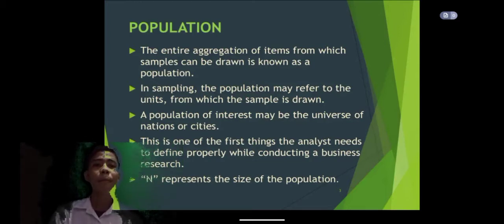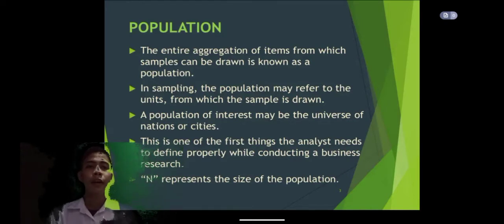The population must be properly defined so that there is no ambiguity as to whether a given unit belongs to the population. For example, in a survey of achievement in mathematics, a researcher will have to define the population of students by age or by grade, and if necessary, will also specify the type of schools, the geographical area, and the academic year for which the data will be collected.